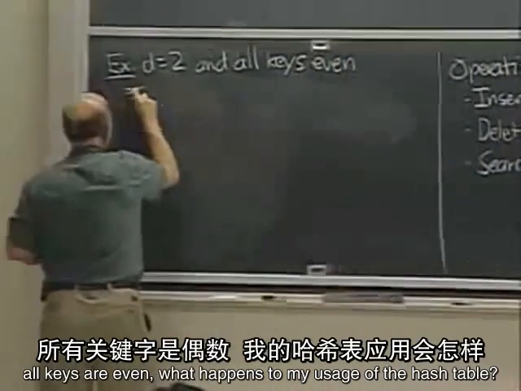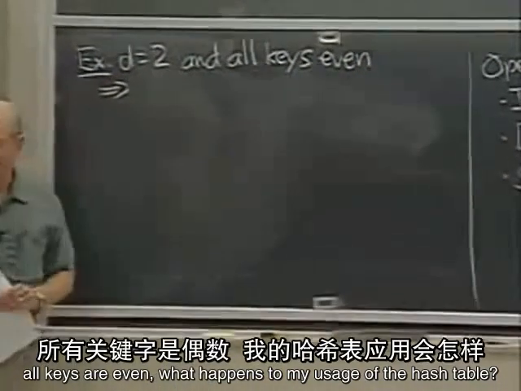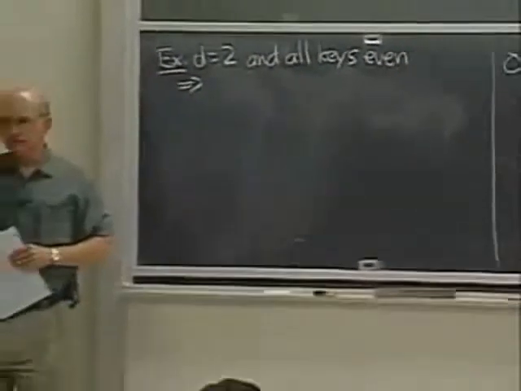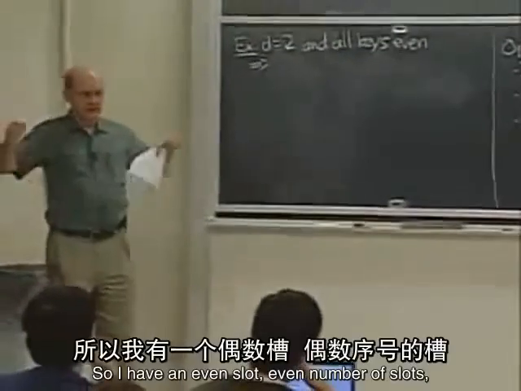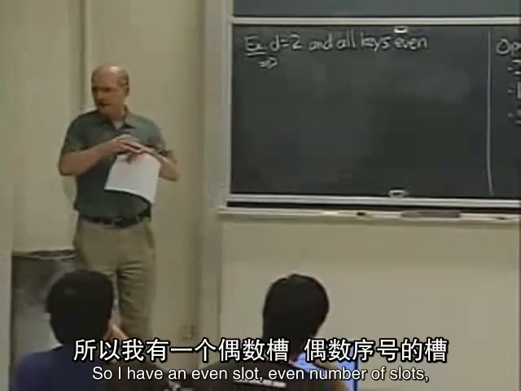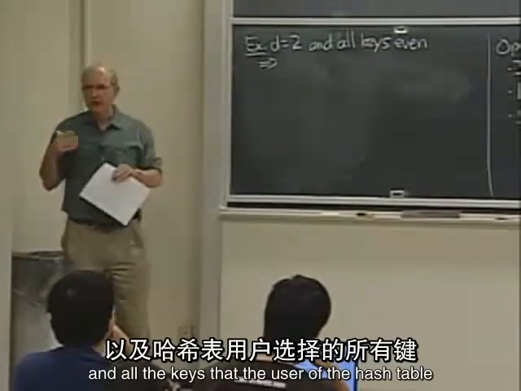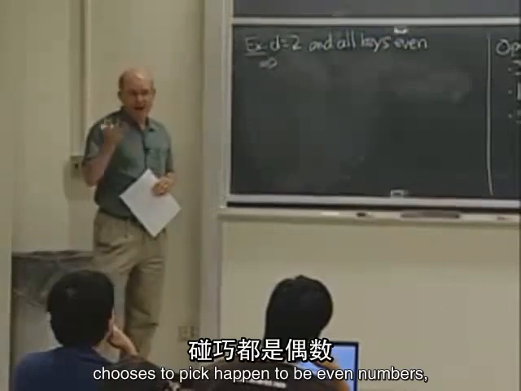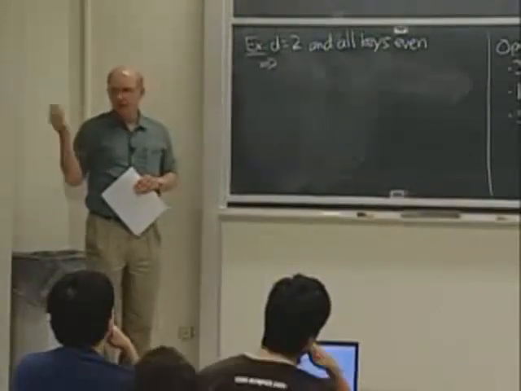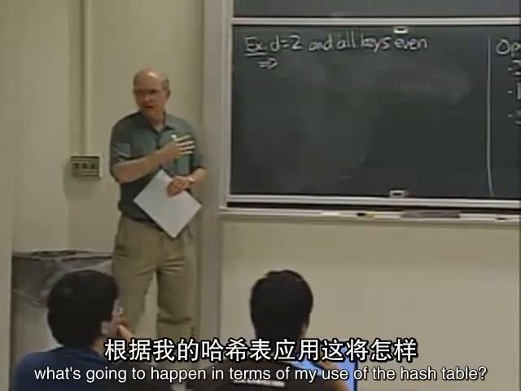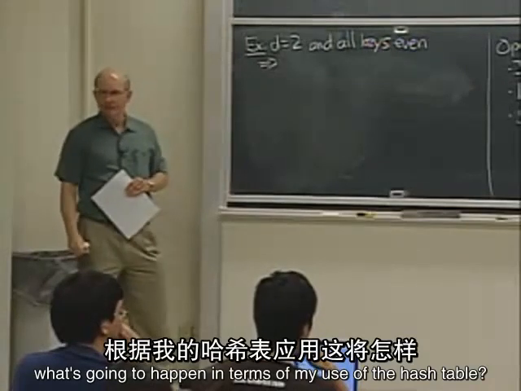okay, what happens to my usage of the hash table? So I have an even number of slots, and all the keys that the user of the hash table chooses to pick happen to be even numbers. What's going to happen in terms of my use of the hash table?